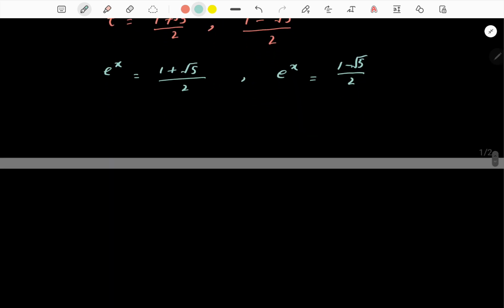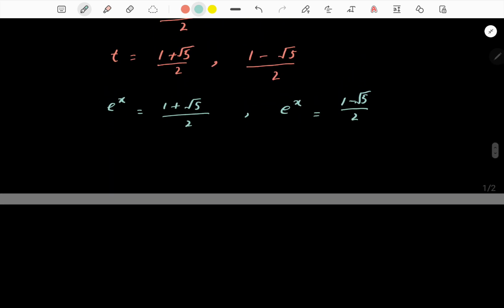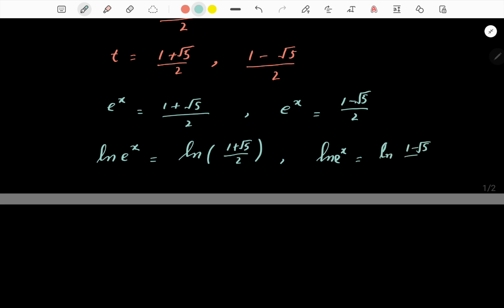So if we take natural log on both sides, we will have natural log of e power x equal to natural log of 1 plus under root 5 divided by 2, and natural log of e power x equal to natural log of 1 minus under root 5 over 2.